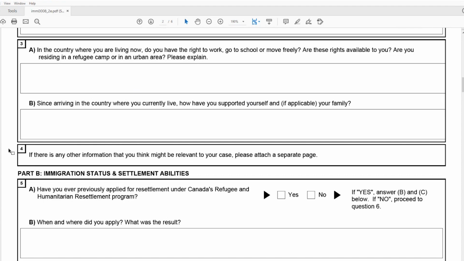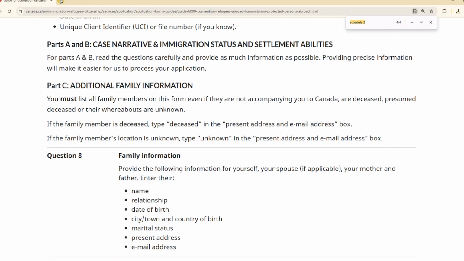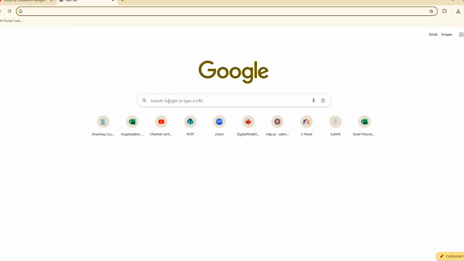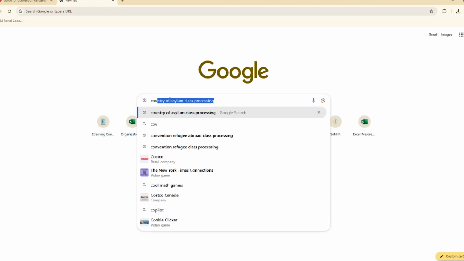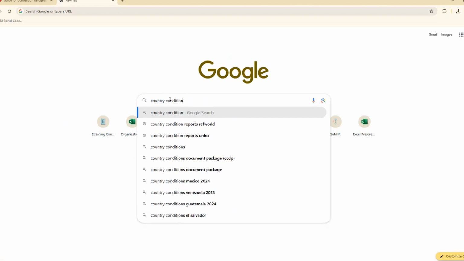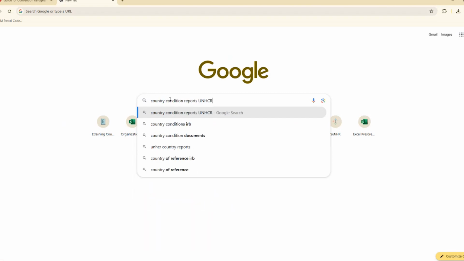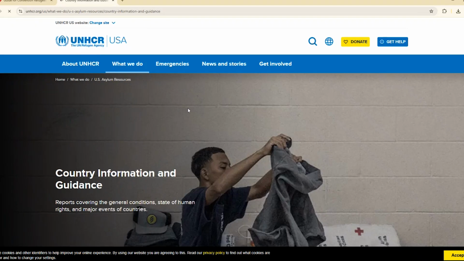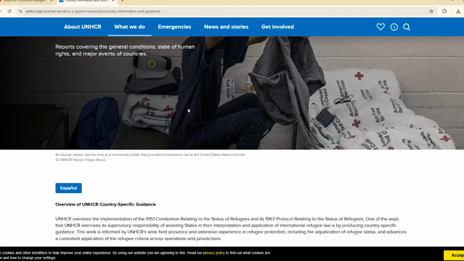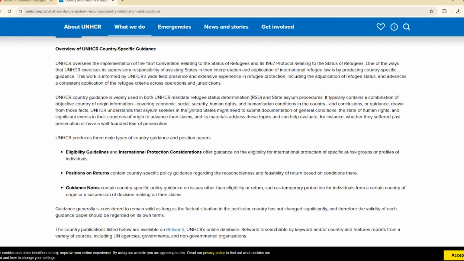You can find those country condition reports from the UNHCR website. So I suggest that you open up your web browser, for example, Google, and type in country condition reports, UNHCR. Click on the link here, and then you can find the particular country information.